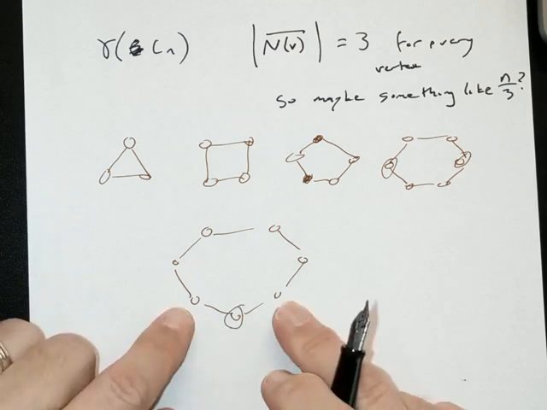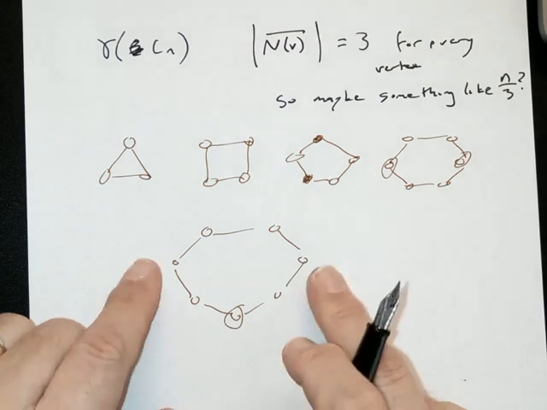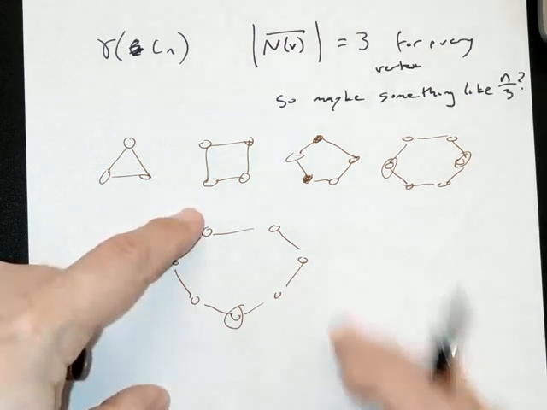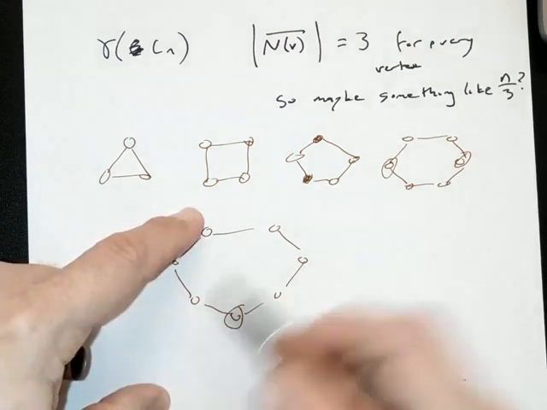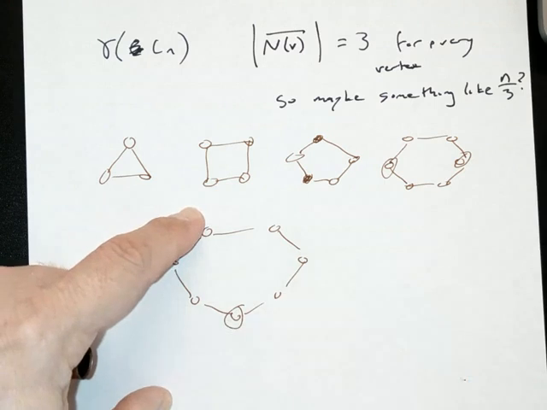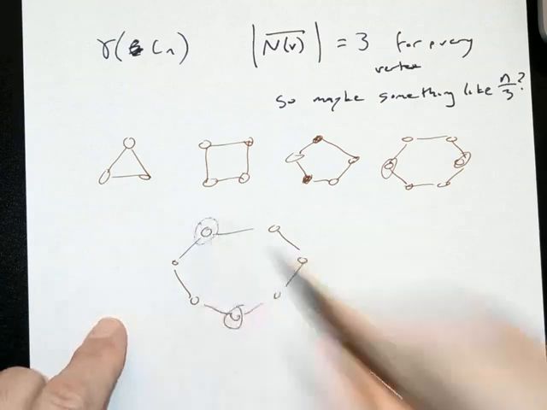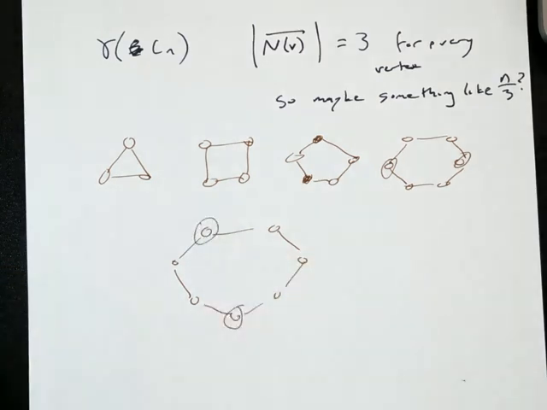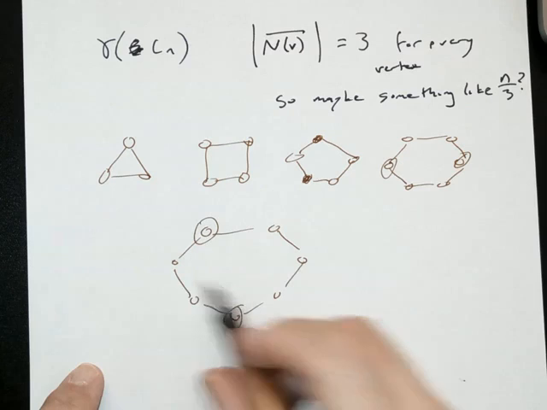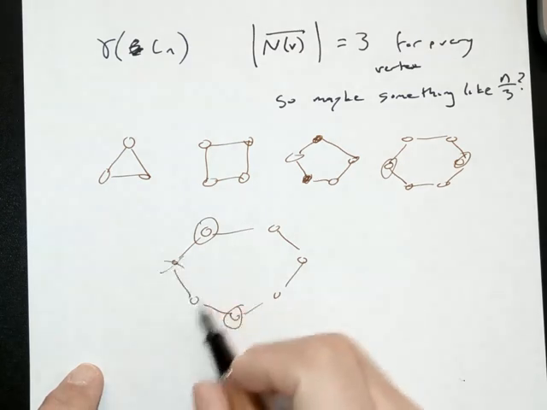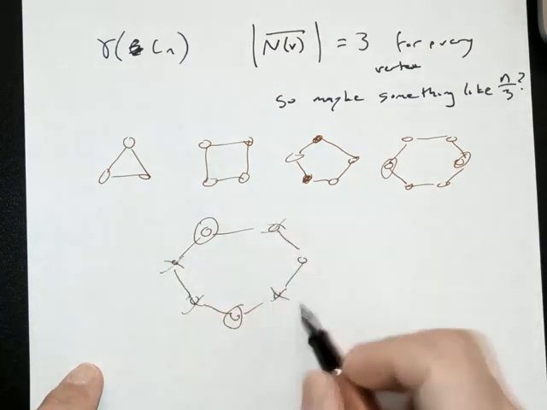So I'll go out one more set and not pick those, but I'll pick their next neighbor. So I'll go to my third, wait, 1, skip 1, skip 1, right? I go by 3s. So I go to the next one. And then if I were going this way, now that covers, this is covered, this is covered, this is covered, this is covered. I guess I know what I need to pick for the next one.